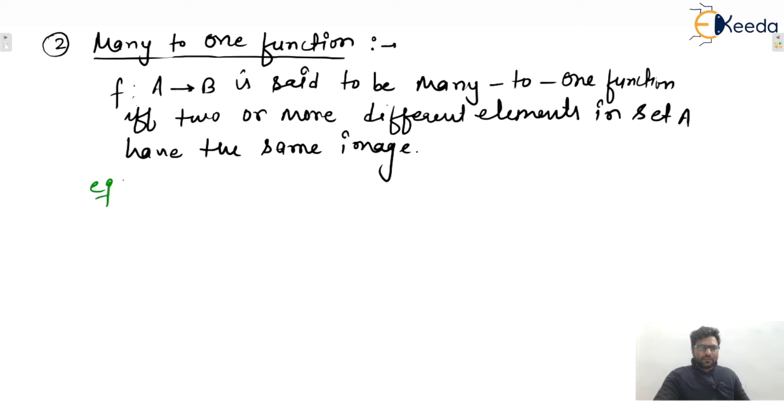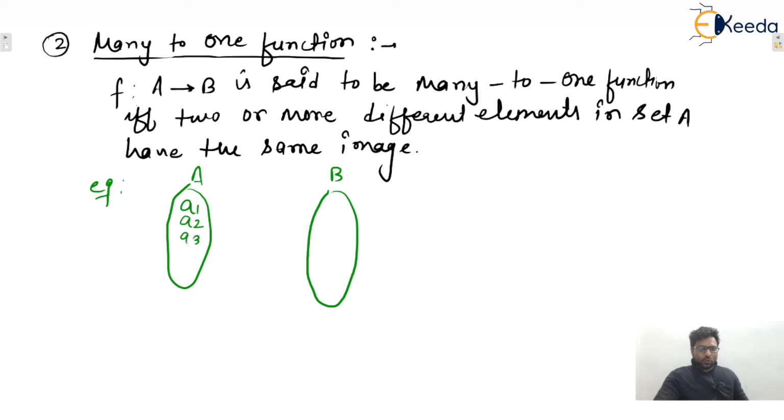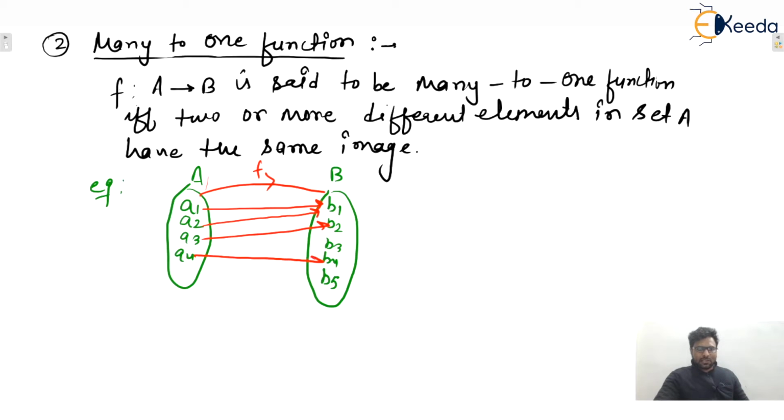So let us consider one example. Let's say this is your set A, and this is the set B. Elements inside A are A1, A2, A3, A4, and elements inside B are B1, B2, B3, B4, and B5. Let's say the function is from set A to set B. Now let's say any two elements, A1 and A2, both have the same image, that is B1. Then these types of functions are known as many to one function.